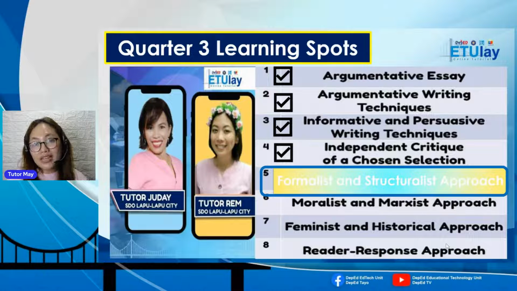When you were in grade 9, you were more immersed with other kinds of literature. Now that you are in grade 10, you must know how to approach and understand literary works using different schools of thought. And for this session, we will be talking about formalist and structuralist approaches.